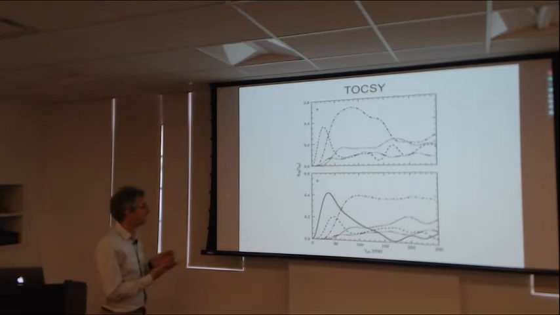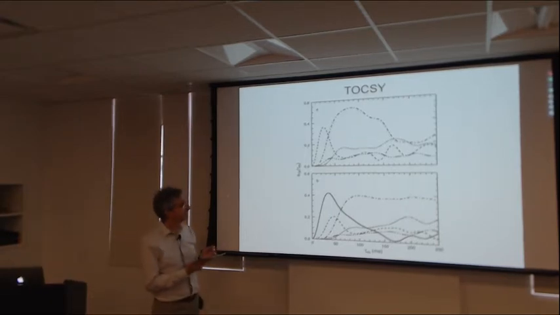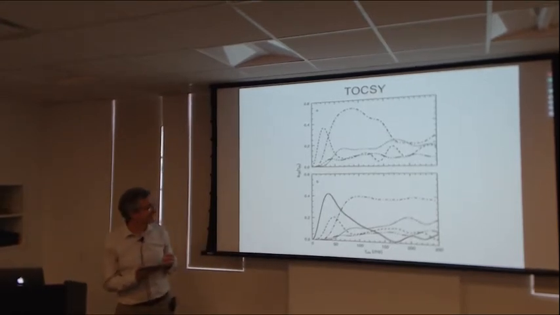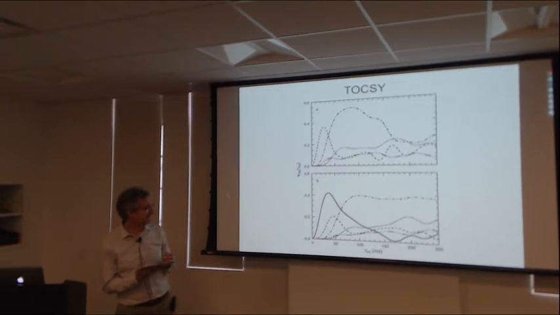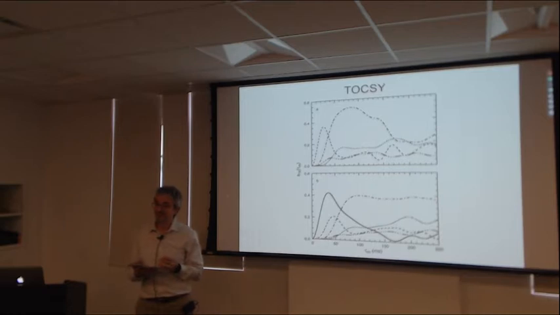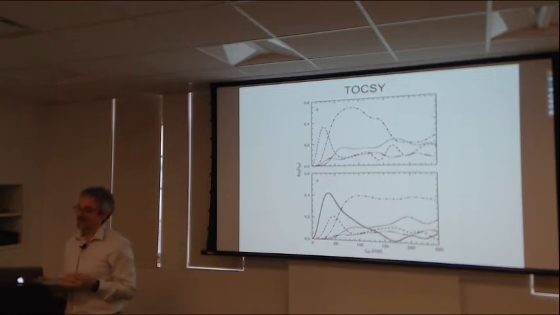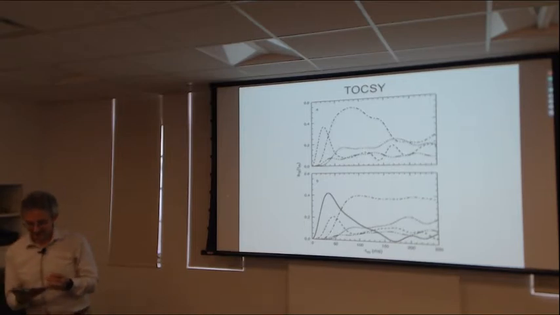I've now forgotten which is which. So I think maybe B is in water and A is in D2O. It could be the reverse. The difference is whether there's an amide hydrogen around.